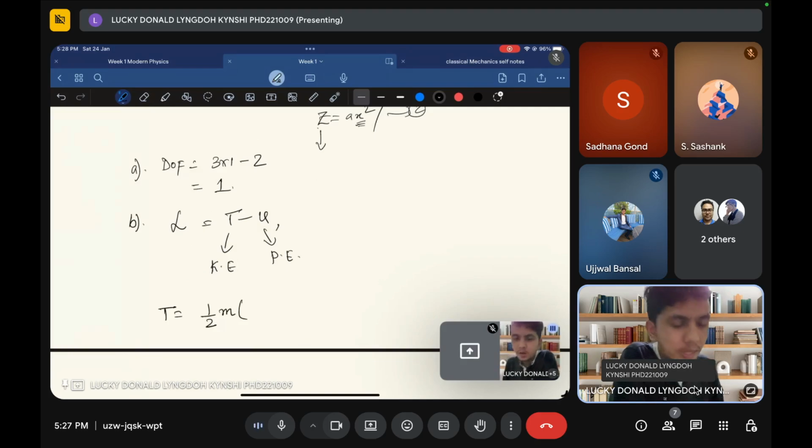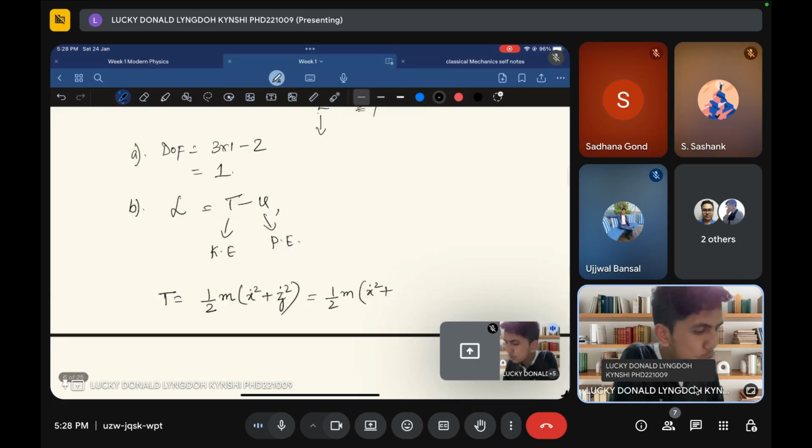Since there are only the x and z directions, you have x dot square plus z dot square, right? Because y is equal to 0. So you have x direction and z direction, which is equal to half m, x dot square remains the same. And what about z dot square?